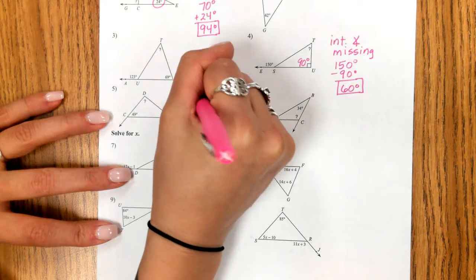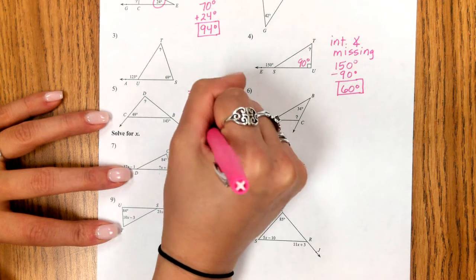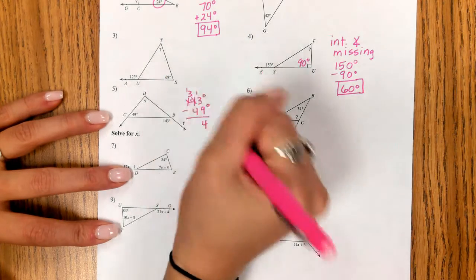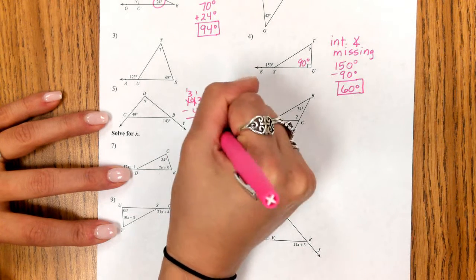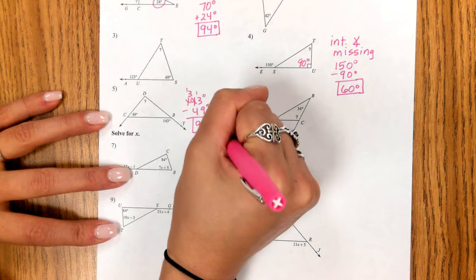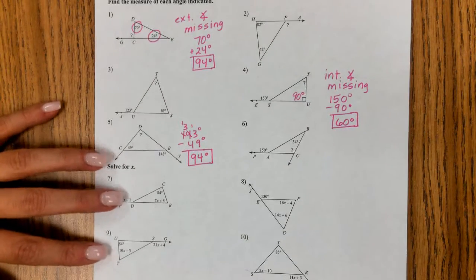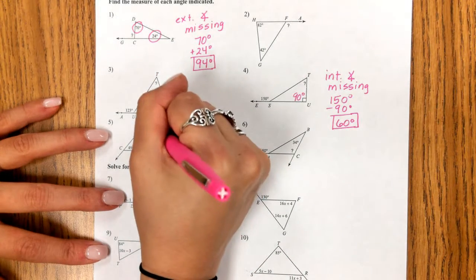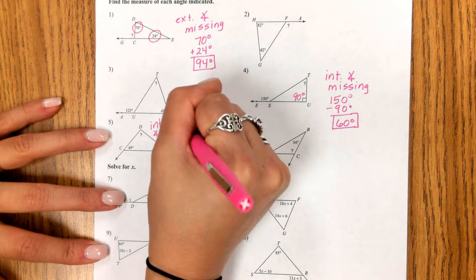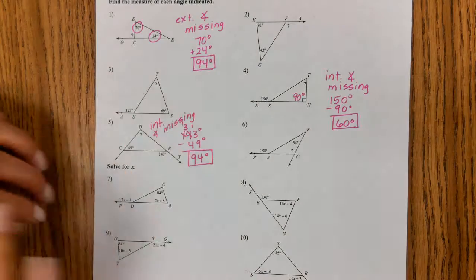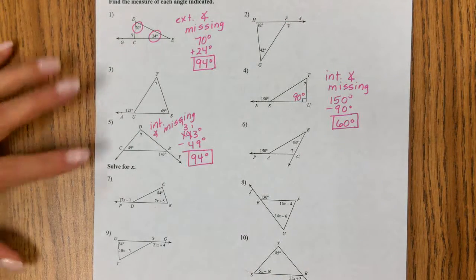So we would borrow, that would be 4, 13, and that should give me 94 degrees for my last angle that is missing. Okay, so again, an interior angle is missing on this problem, just so we remember the different scenarios that we have here.